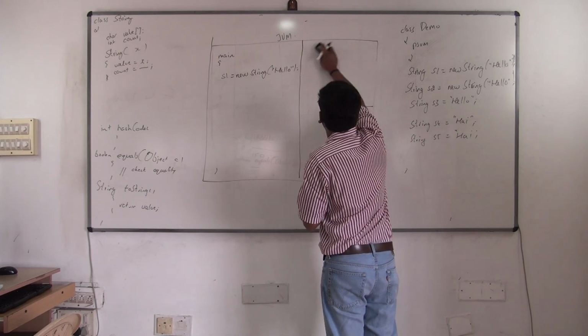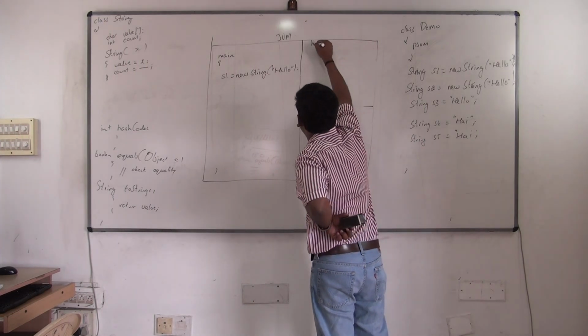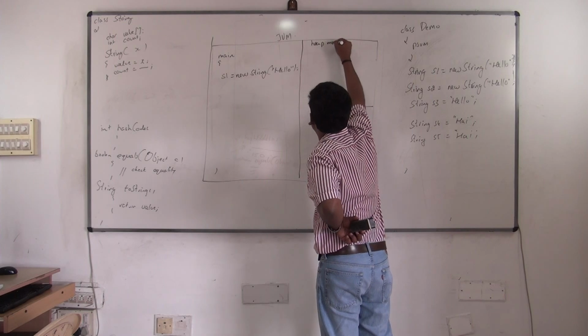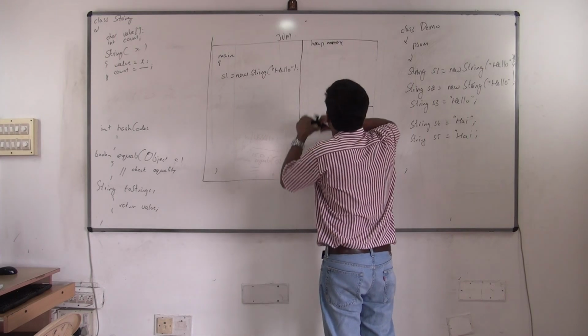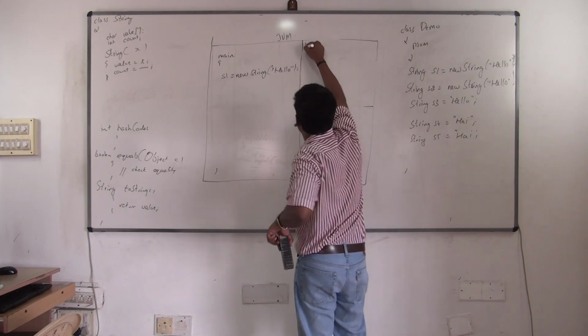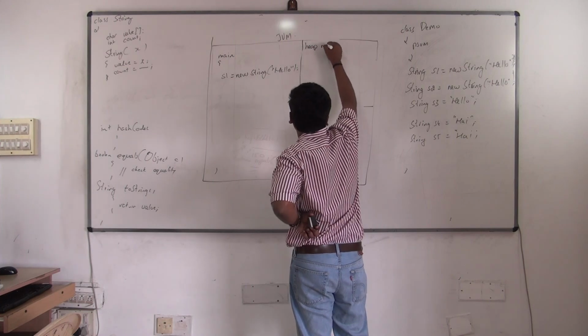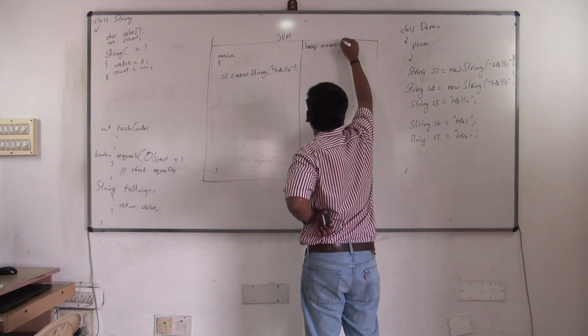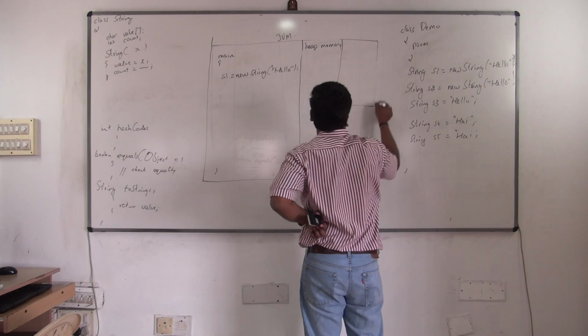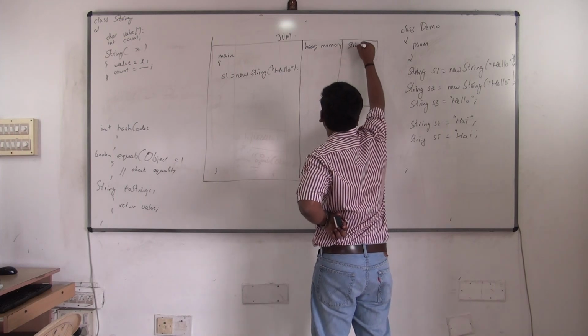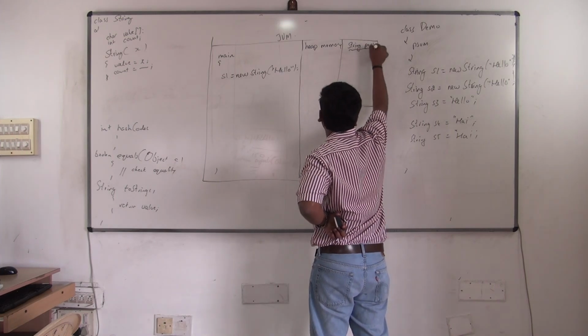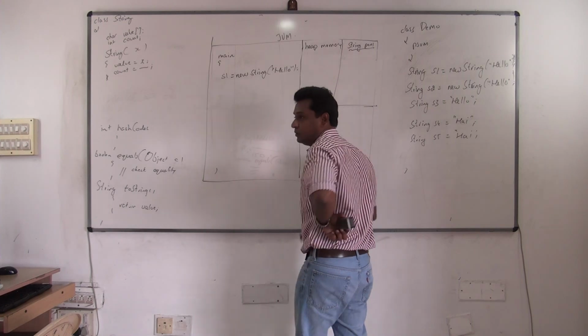This is heap memory now. Inside the heap memory only there is something called the string pool. Inside the heap only.